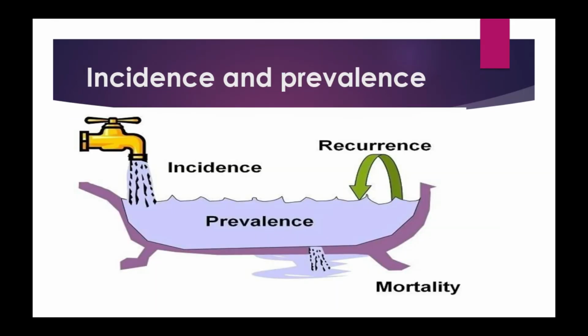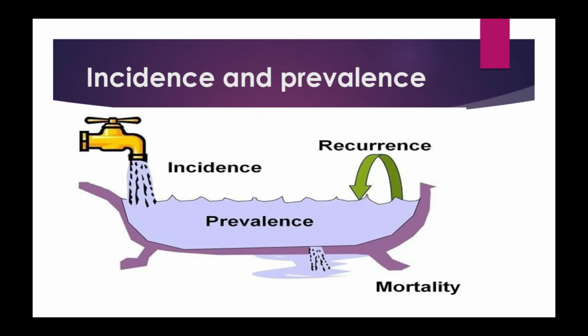So the prevalence mainly measures the pre-existing cases of disease and new cases. Prevalence identifies the total population who are affected by the disease, meaning the new cases as well as the old, pre-existing cases.